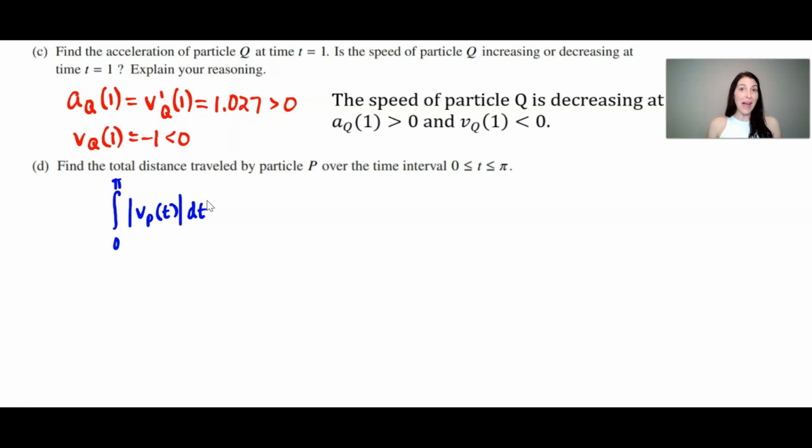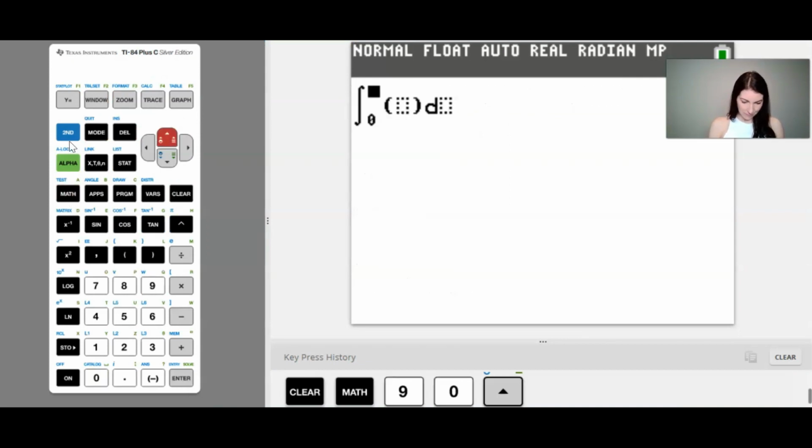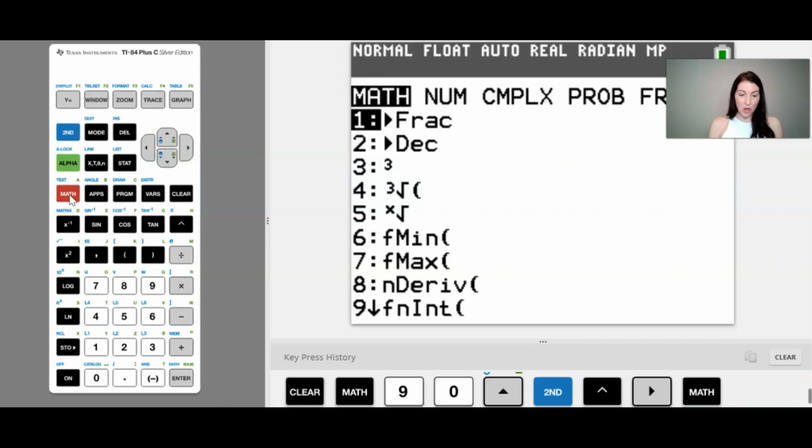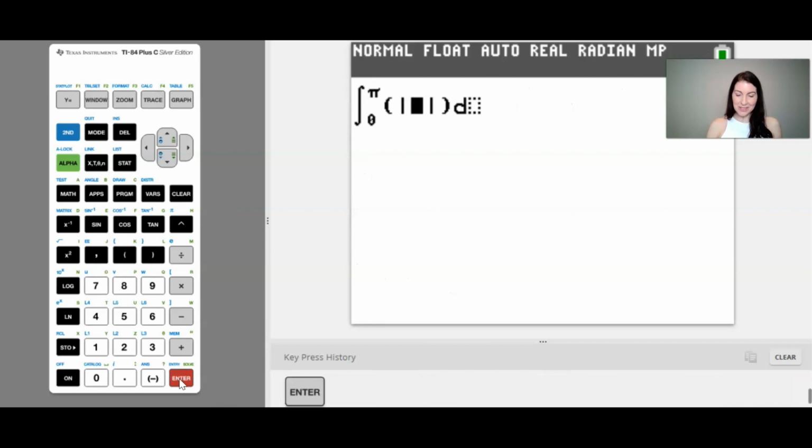All right, so from here, I would just plug this into my calculator using Math option 9. Also, remember to get the absolute value, you would press Math, go over to NUM at the top, and click the first option, which says ABS.